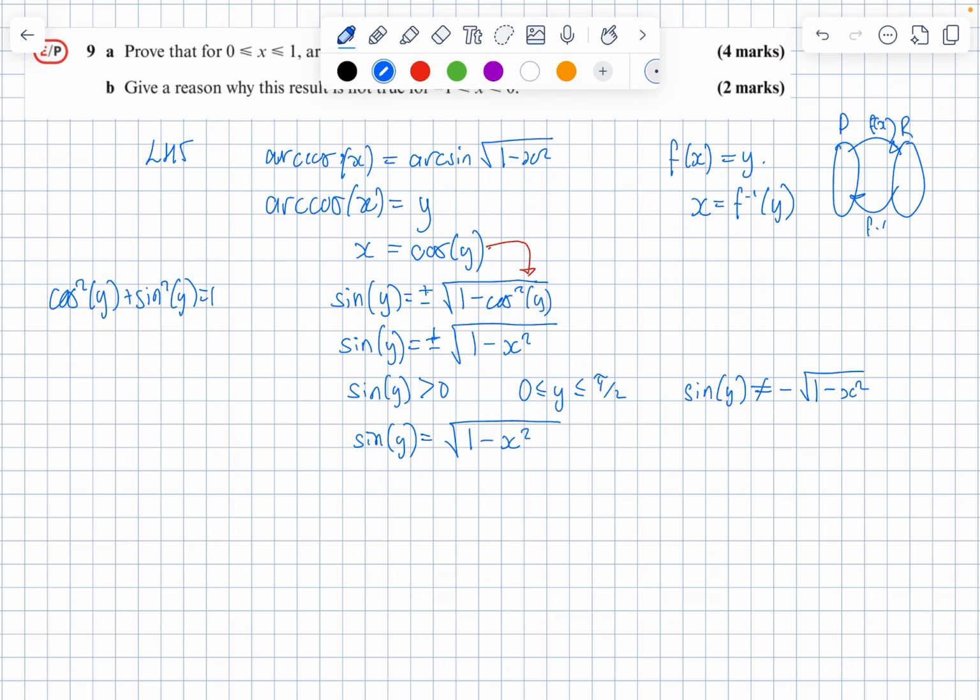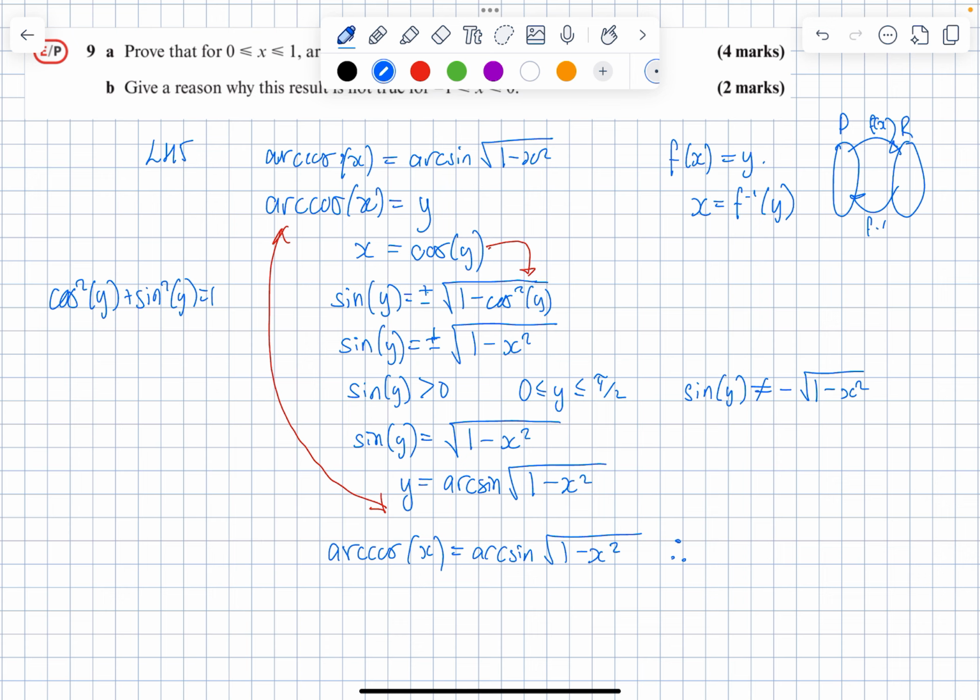It means that our y is equal to arc sine of the square root of 1 minus x squared. And now we have two things that are both equal to y, so therefore arc cos of x is equal to arc sine of the square root of 1 minus x squared, as they're both equal to y.